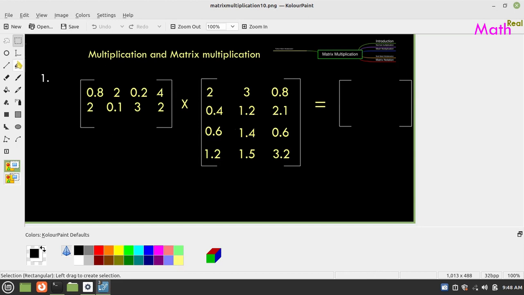So we'll paste it here in the output. Okay, up to this much only we'll have it.